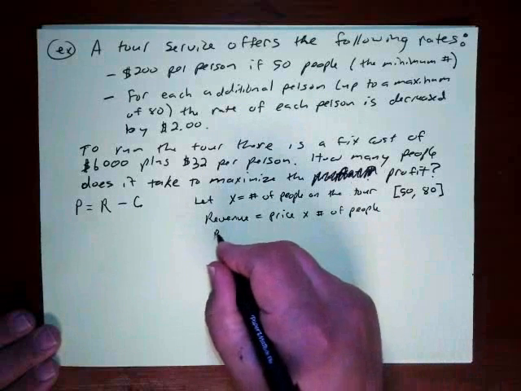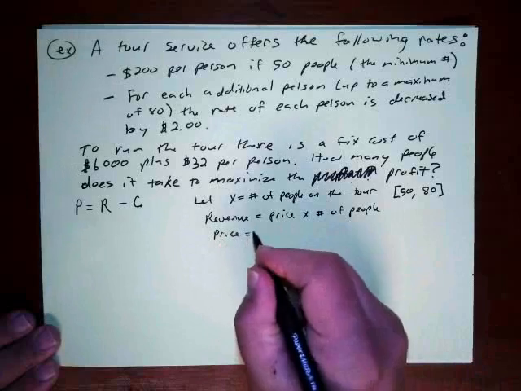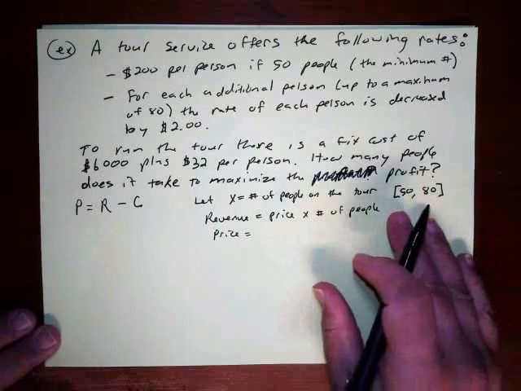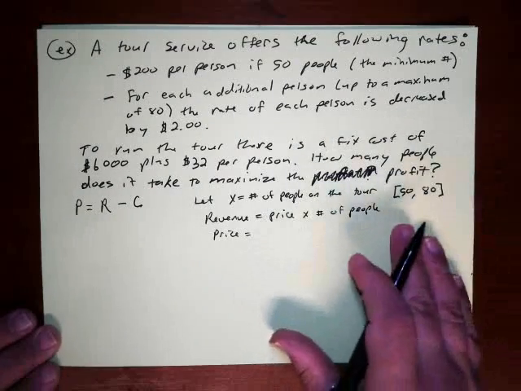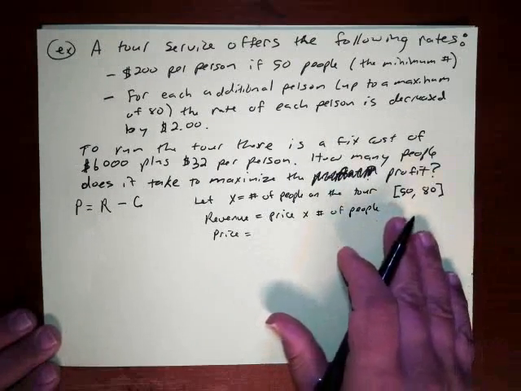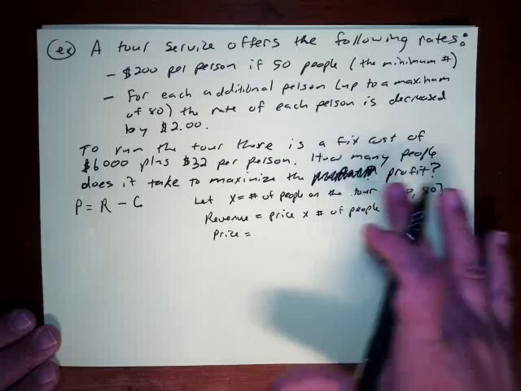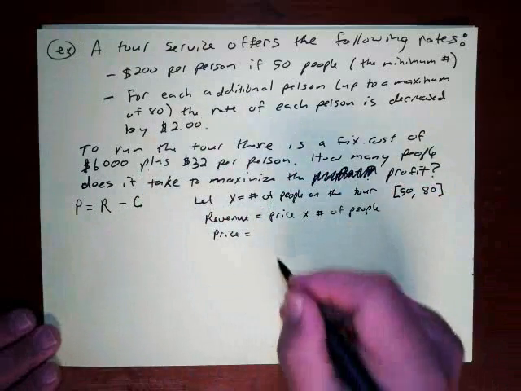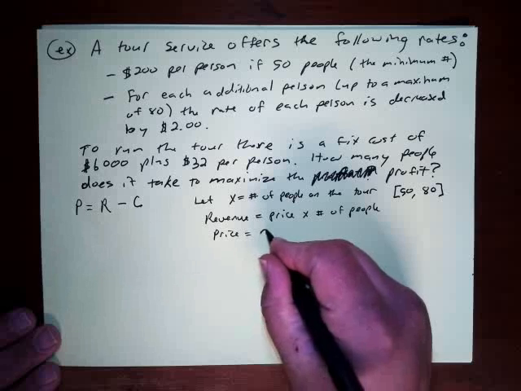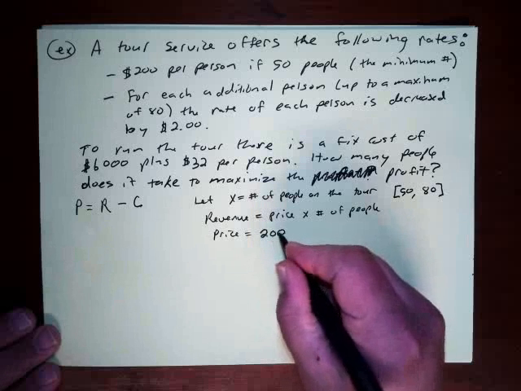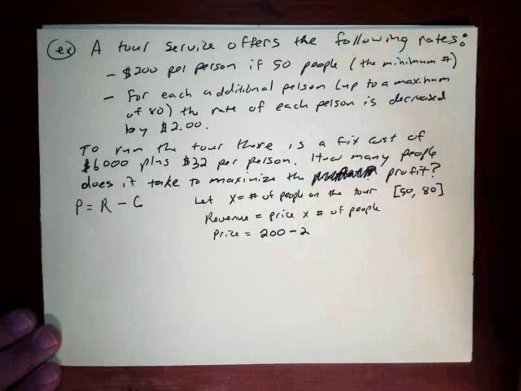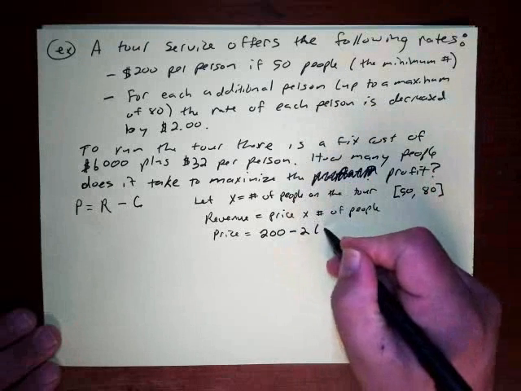And so what is the price? Well, they have to have at least 50 people, and then for each additional person, they're going to reduce the price by $2. So it's $200 per person, but you're going to subtract $2 for every person in addition to 50.